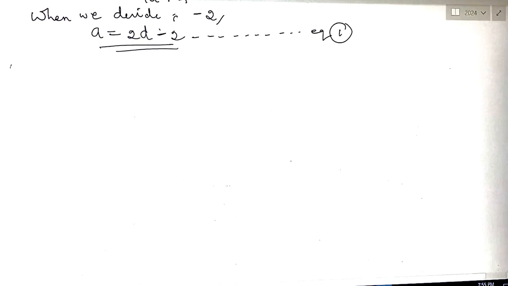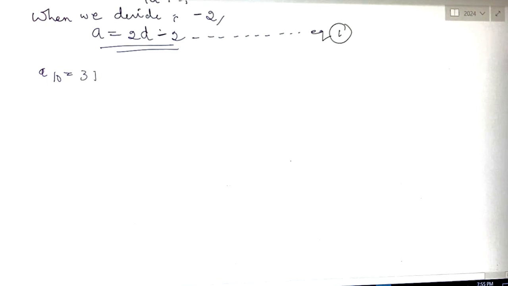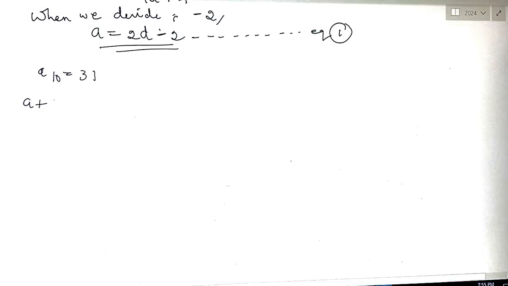Now moving forward, in the question they have already given the a10 value. A10 is 31. So how do we write a10? Using the formula, a plus, here n is 10, that means (10 minus 1)d is equal to 31. That is a plus 9d is equal to 31. Now what is the a value?